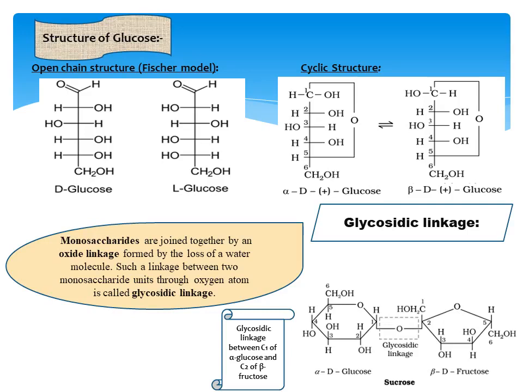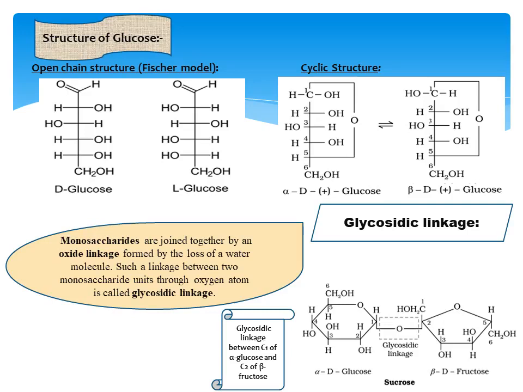On the right extreme are the ring structures, which are two different kinds of structures. Glucose is found to exist in these crystalline forms, which are also named alpha and beta, isn't it? The alpha form of glucose has a melting point of 419 Kelvin and is obtained by crystallization of a concentrated solution of glucose at 303 Kelvin.